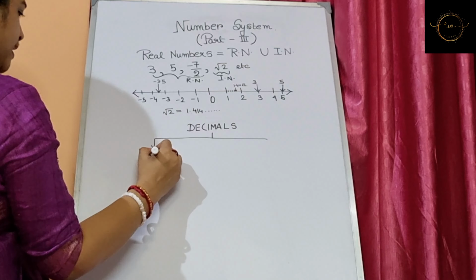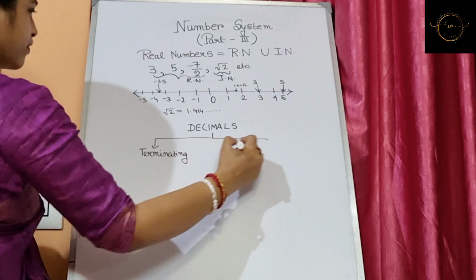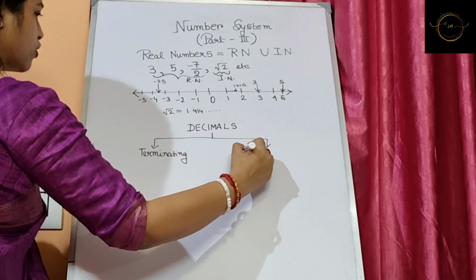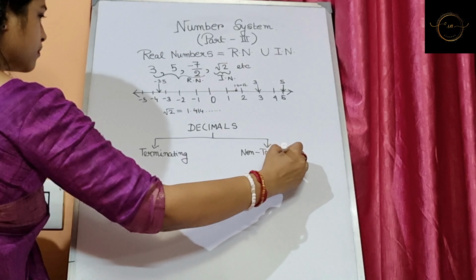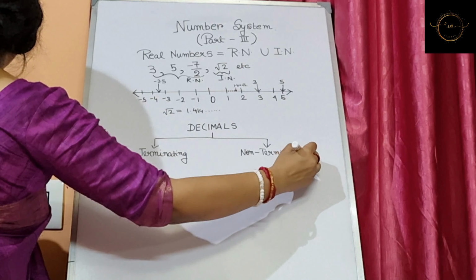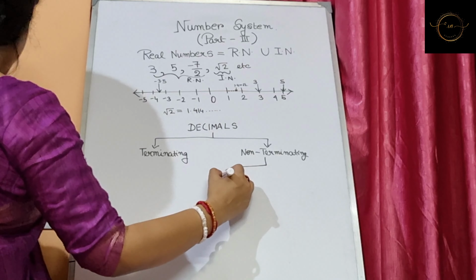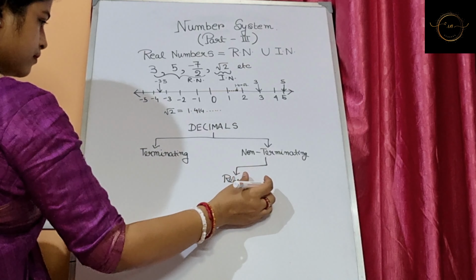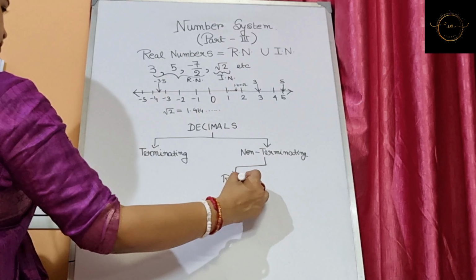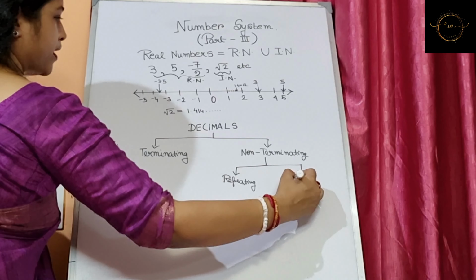The first one is terminating and the second one is non-terminating. Non-terminating decimals are again of two types. The first one is repeating and the second one is non-repeating.